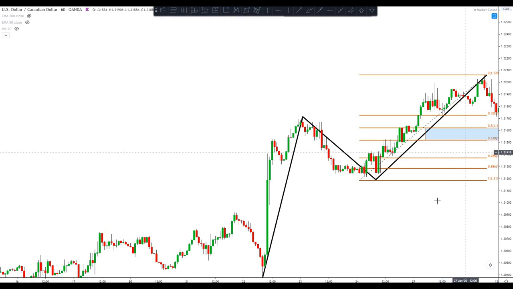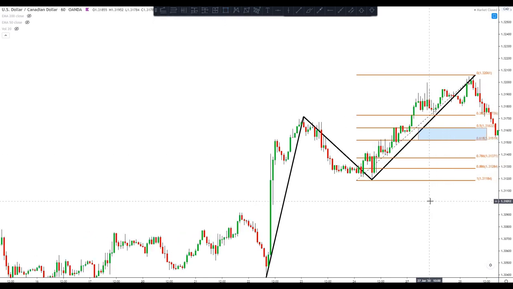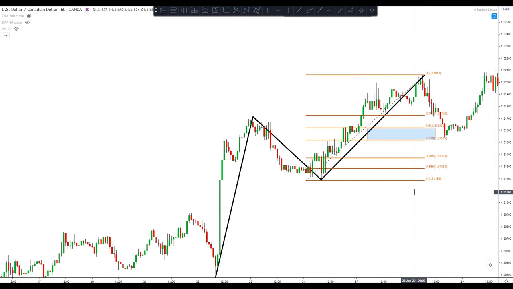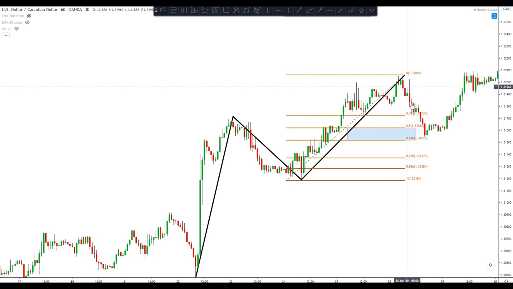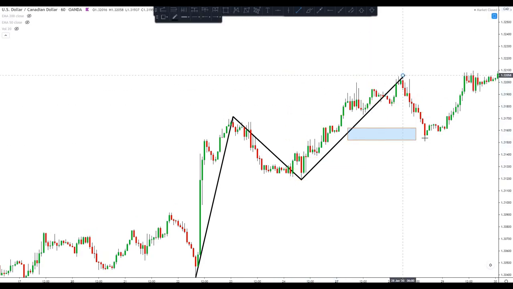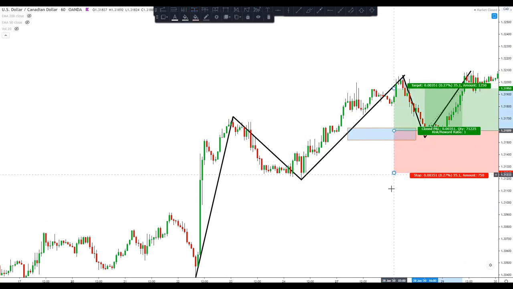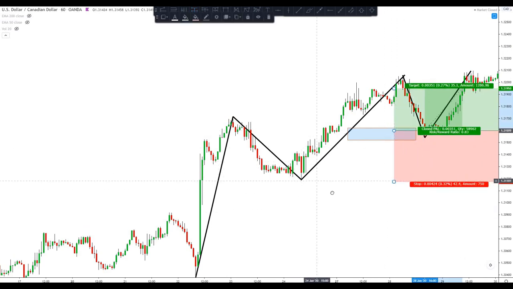And now let's see what price does here. You can see now that we got our retracement, we formed a higher high. Let's create our little buying position here. Our stop is below this low.